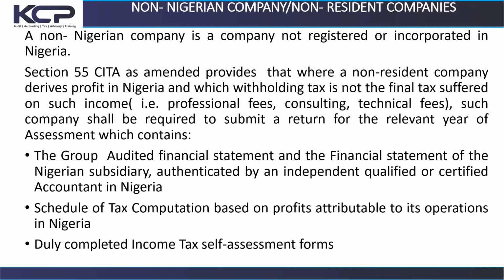Then the last one is the relevant provision of section 19, that is the dividend basis, where the dividend paid by the company in a particular year relating to the tax year in question is higher than the taxable profits. The tax authority may opt for subjecting the company to tax on a dividend basis.